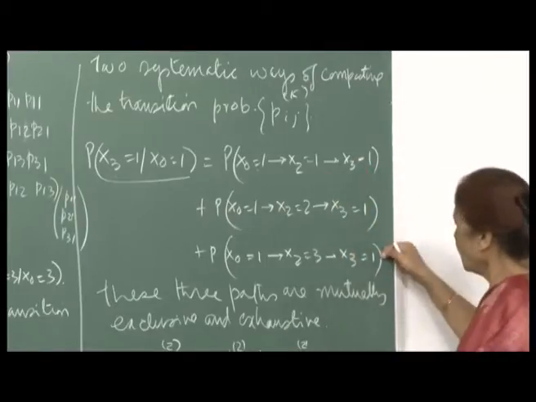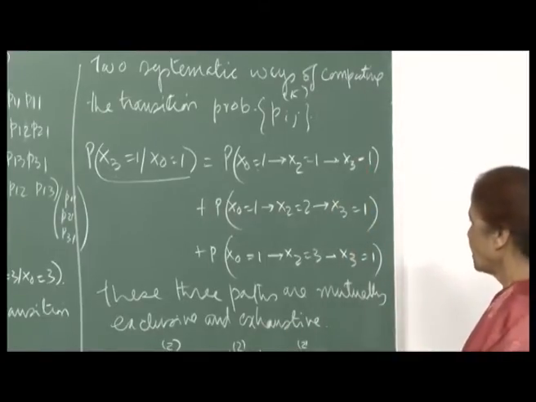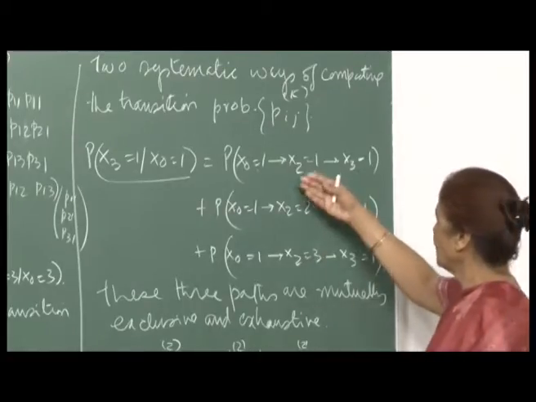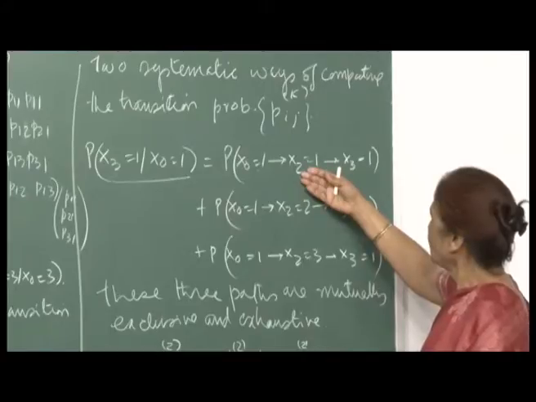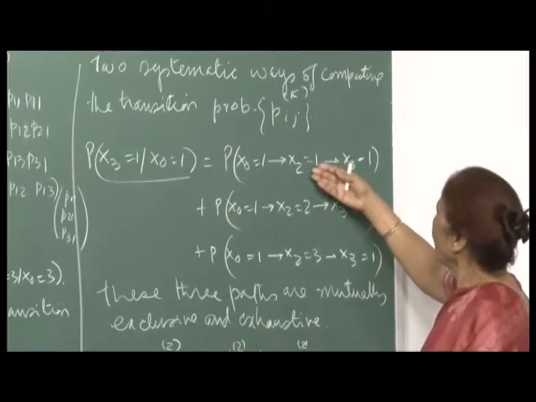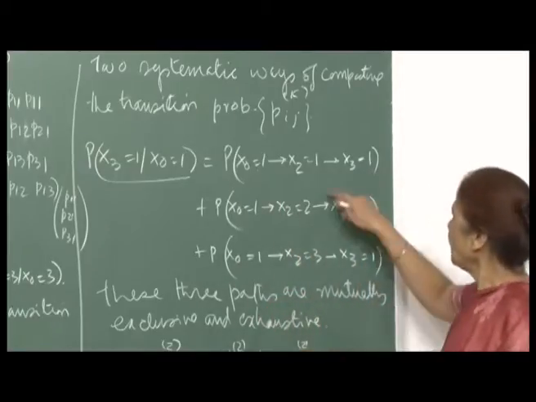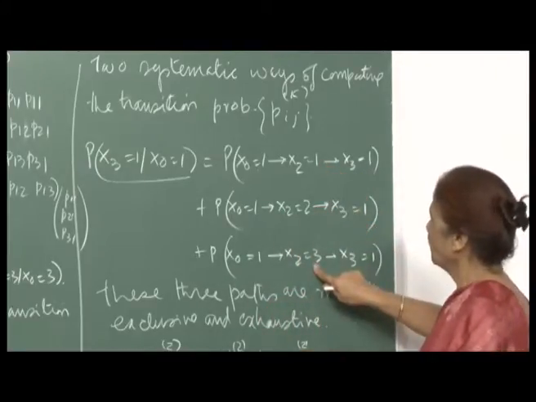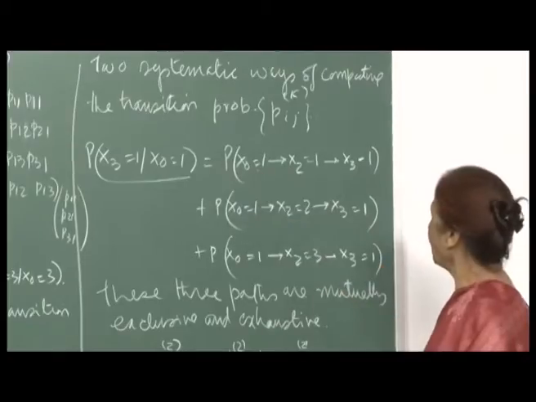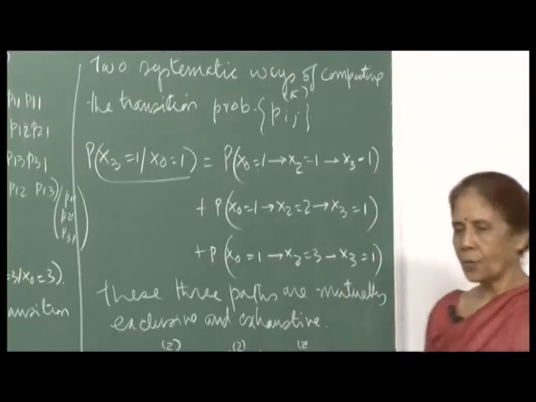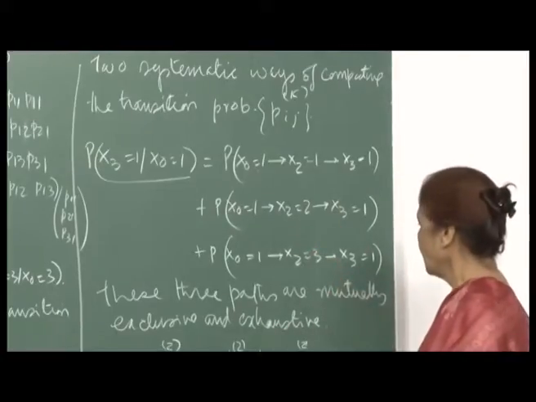So, again I can write this down, and now these 3 paths are mutually exclusive and exhaustive, right. Because after 2 transitions, starting from X_0 = 1, you can be in state 1, 2 or 3, and then you have to transition finally to state 1. So, therefore, these are the 3 paths, right.